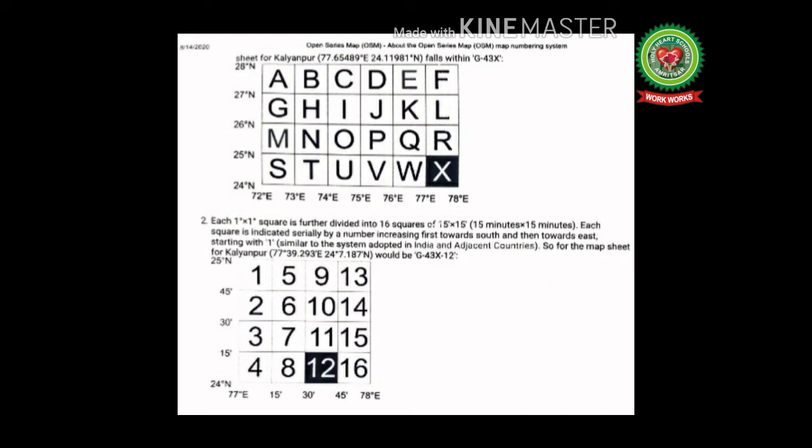So, the sheet for Kalyanpur falls within G43X. Open Series Map, OSM map numbering: 1 degree by 1 degree index of the 6 degree by 4 degree, that is G43. Each 1 degree by 1 degree square is further divided into 16 squares of 15 minutes by 15 minutes.